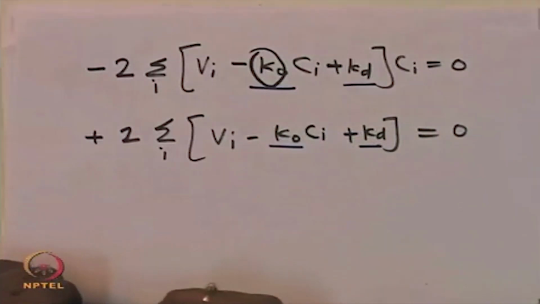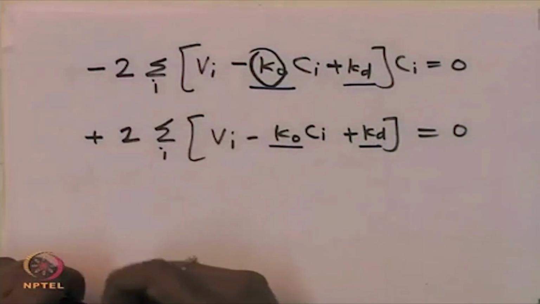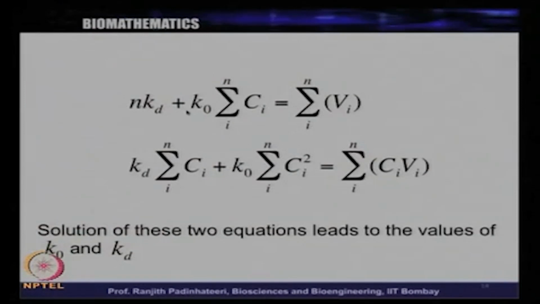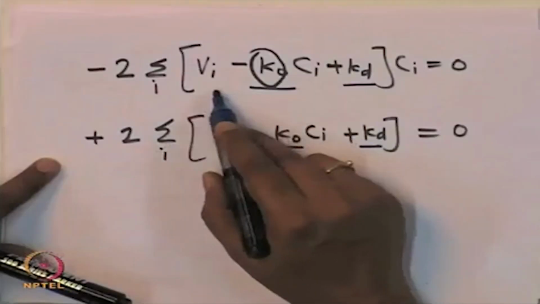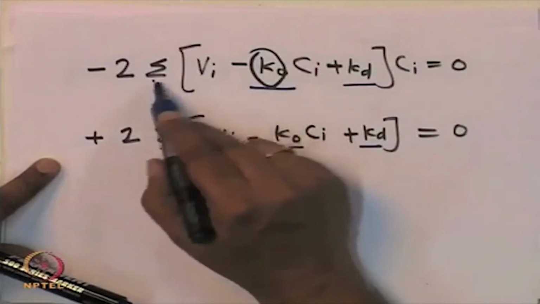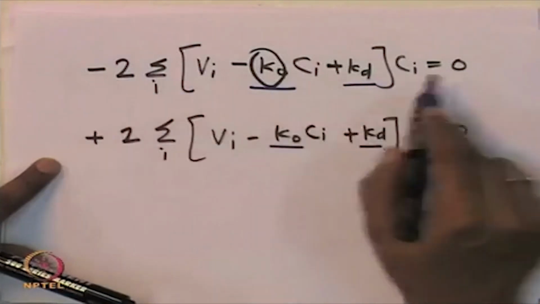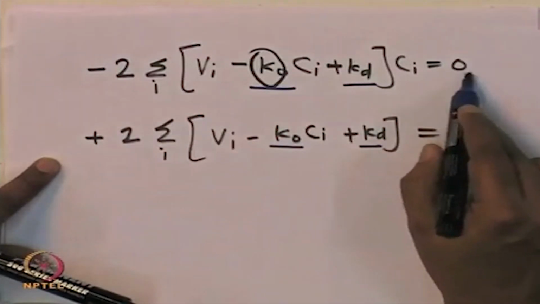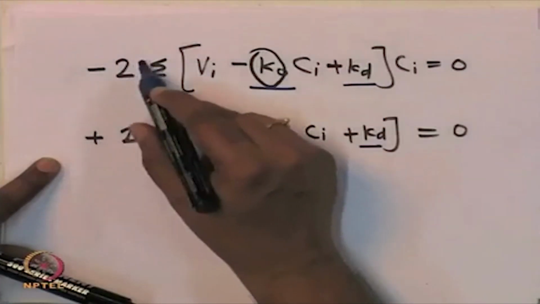If we rewrite the sum, what you essentially get is n K D plus K 0 into sum over I C I equal to sum over I V I. Looking at the first term, I can divide both sides by 2. Something divided by 2, with 0 on the other side, is 0 itself. So the 2 goes away.